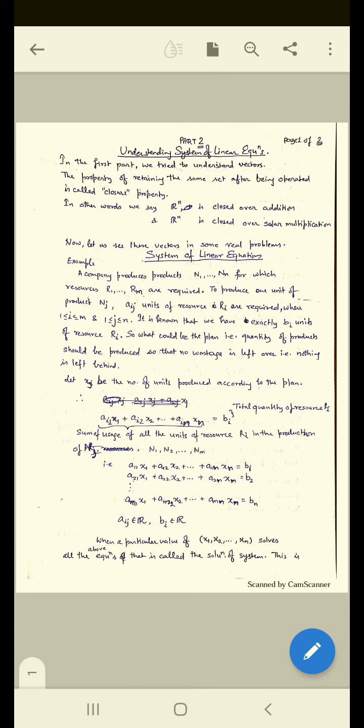So the idea is that there are two operations, addition and scalar multiplication, and once the vectors are operated with these two things, the results remain in the same collection. This property is called the closure property.